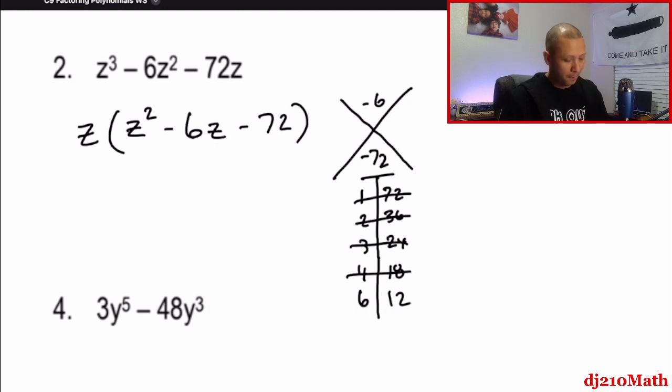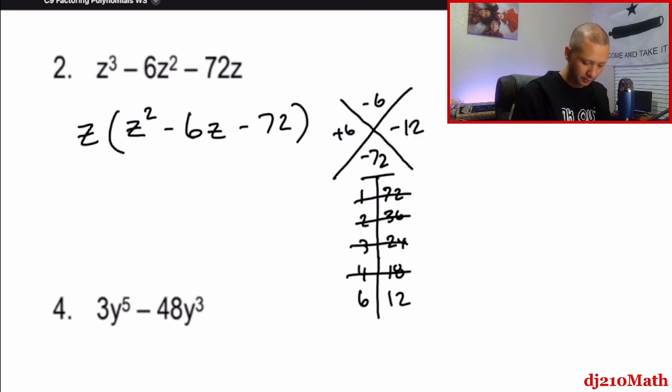So I can definitely make a 6 come out of 6 and 12. So negative 72, that means one of them has to be negative. But which one? Well, that's when you look at the middle term, and because it's negative, the big one. So positive 6 and negative 12.